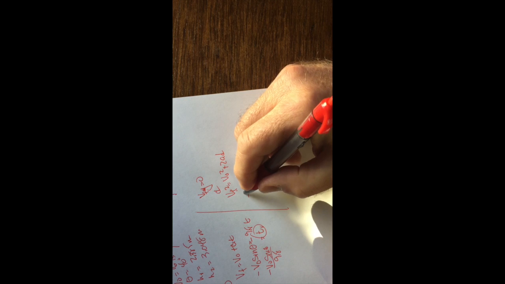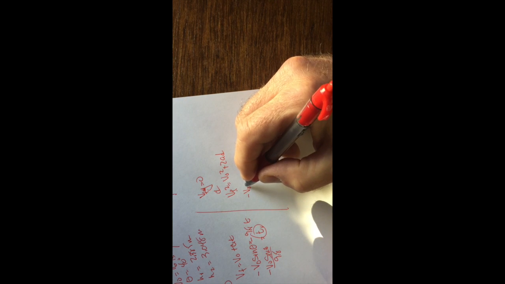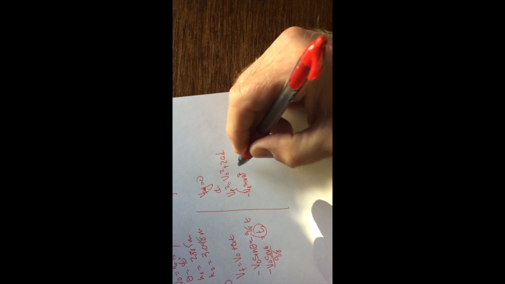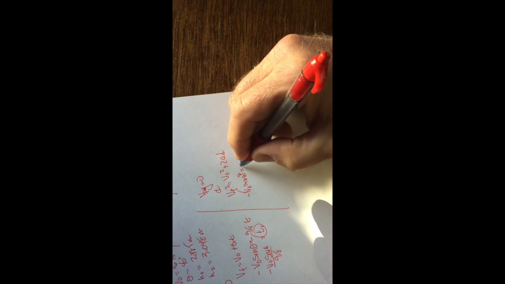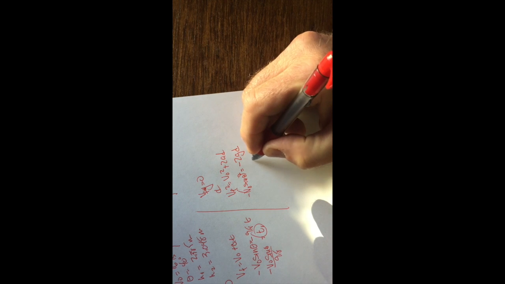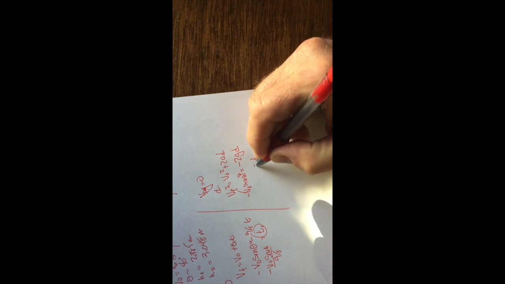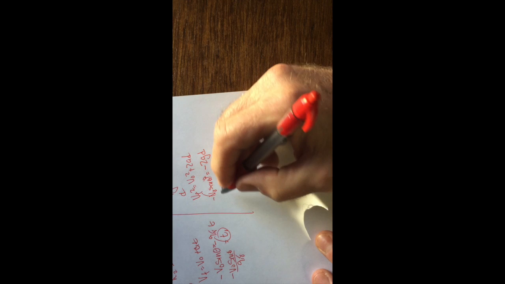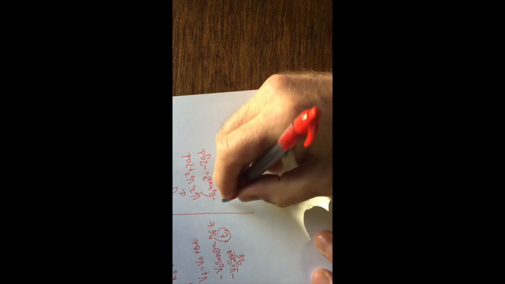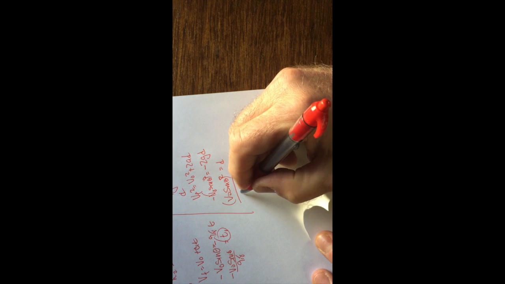You're going to get a negative v naught sine theta, square that whole thing, equals negative 2gd. So that means the height it's going to go is going to be v naught sine theta squared all over 2 times 9.8.